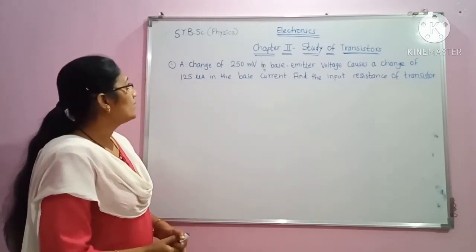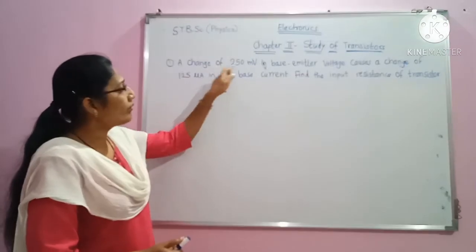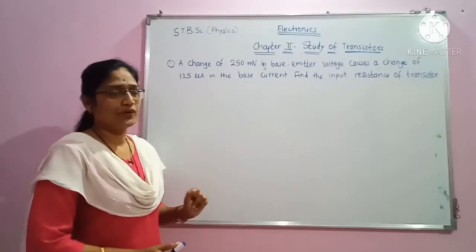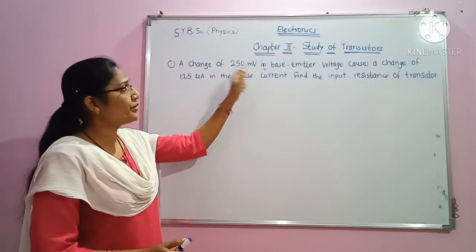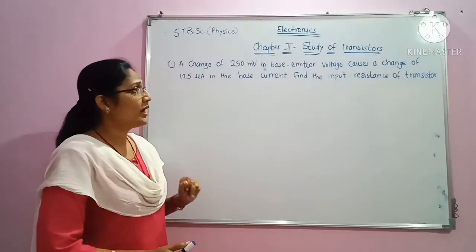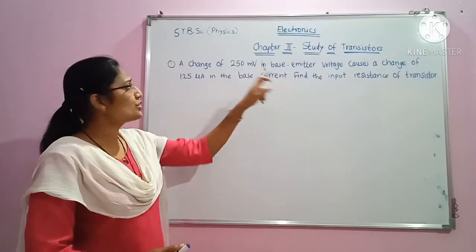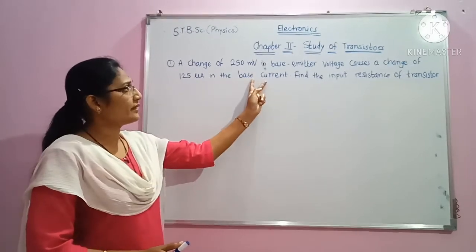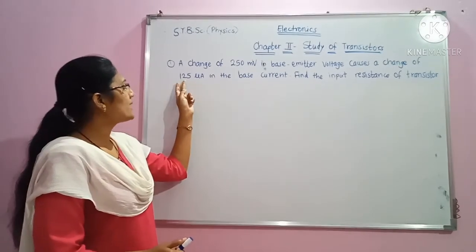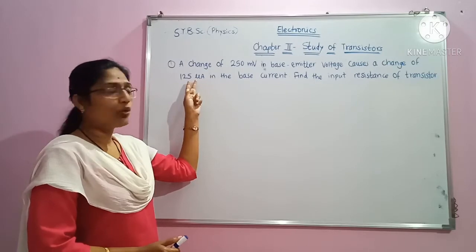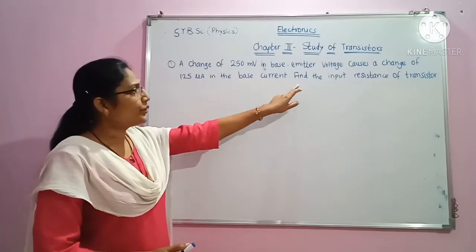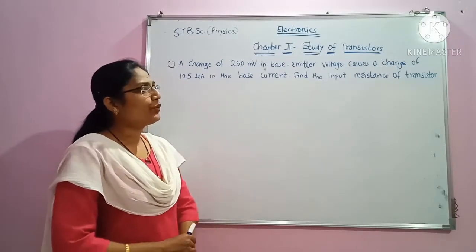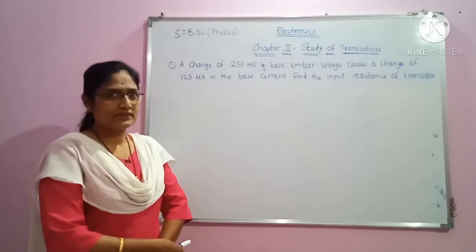It means that the change of base emitter voltage is given as 250 millivolt, and this causes a change of base current of 125 microampere, and you have to find the input resistance of the transistor.